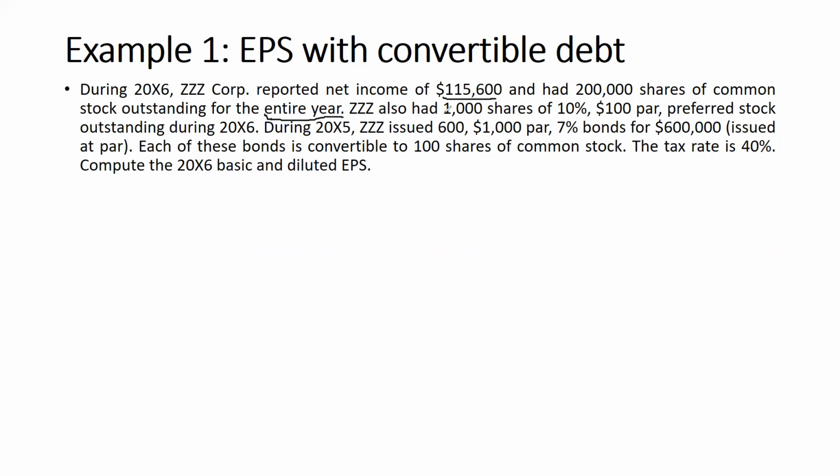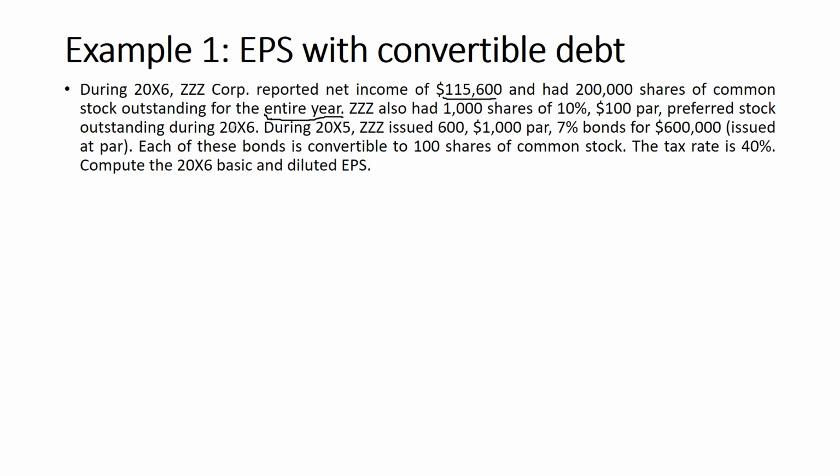Triple Z also had 1,000 shares of 10%, $100 par preferred stock outstanding during 2006. Which means they had 100,000 of preferred stock with a 10% dividend, $100 each share, outstanding.